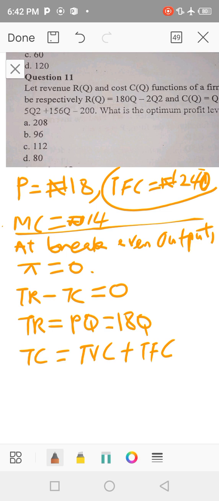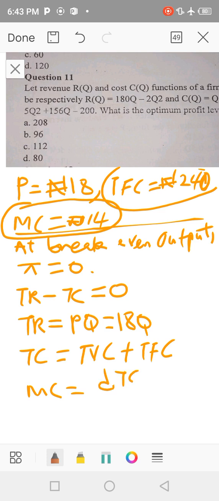The only information given about cost is the marginal cost. And be reminded that marginal cost is the differentiation, or derivative, of total cost with respect to Q.